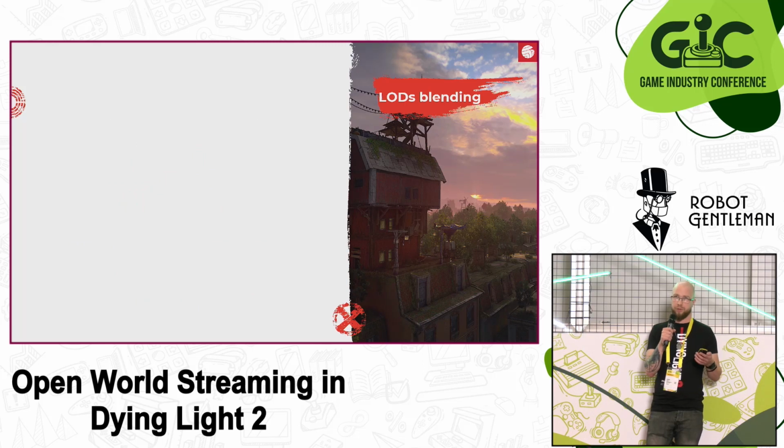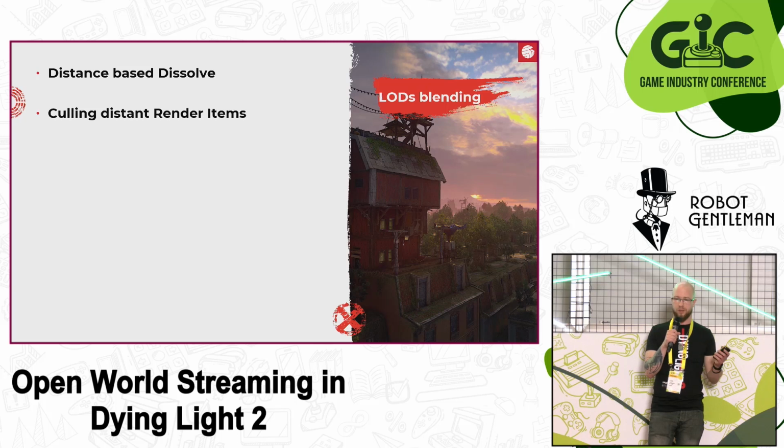So the way we figured out to change it was we used a distance-based dissolve instead of the temporal one. What it means is that the geometry that's up to 72 meters from the player is always the original geometry, and everything that's farther away than 72 meters is LOD. I will show you in a moment how we achieved it.